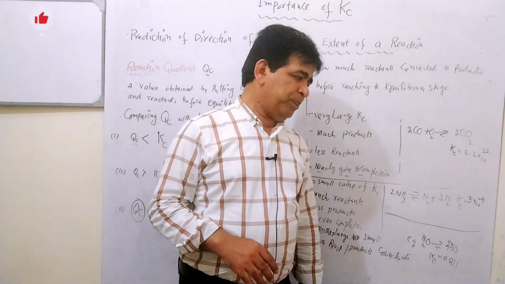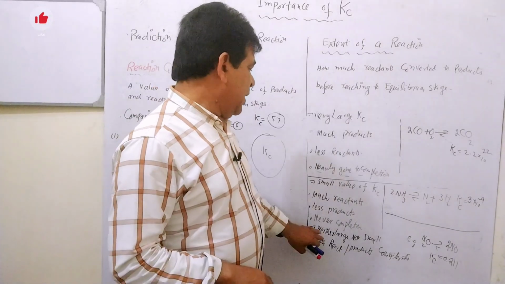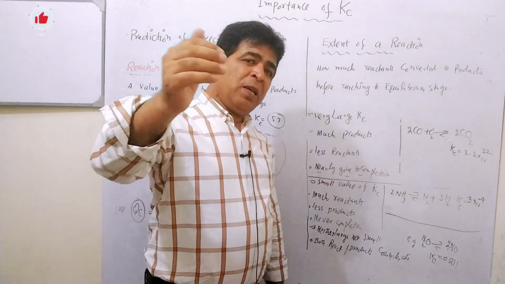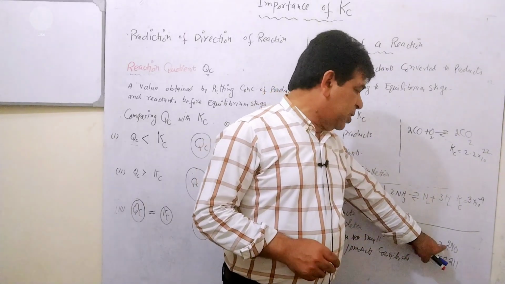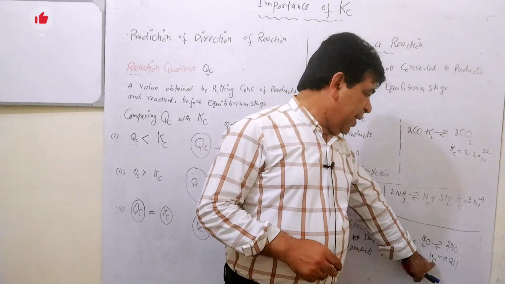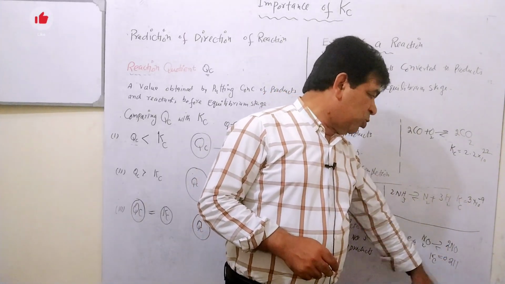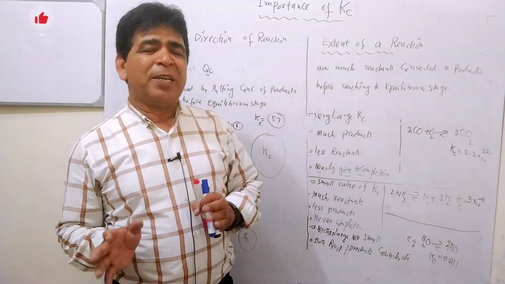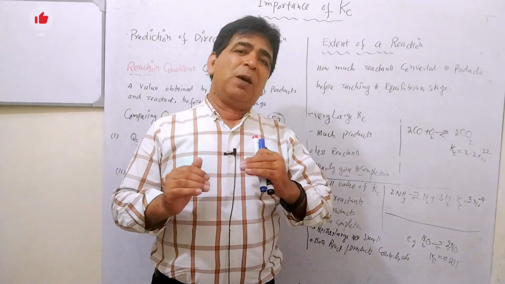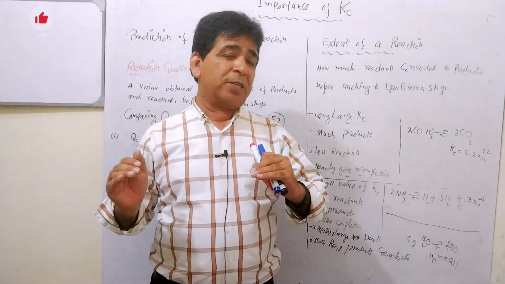The third option is that the Kc value is neither small nor large, like dinitrogen oxide in a reversible reaction forms 2NO, and its Kc value is 0.211. What does it mean? It means that the reaction mixture contains comparable amounts of reactants and products.